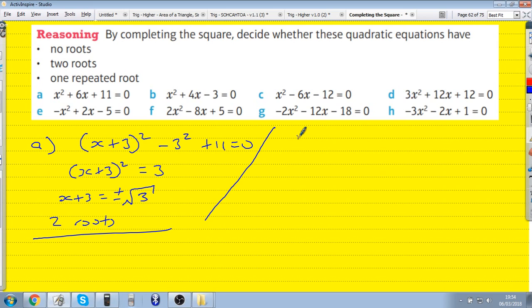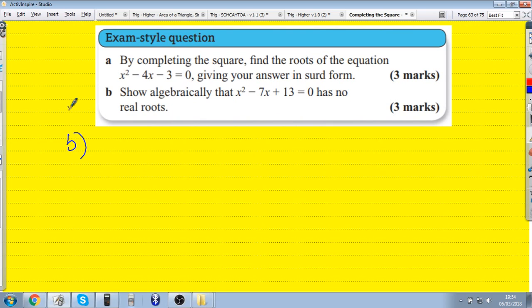Okay, so for B, show algebraically that x² − 7x + 13 = 0 has no real roots. So if we assume it has roots, then you have (x − 3.5)² in a bracket plus 3.5². No. What is a minus times a minus? Plus. And so you will always have to do minus the thing squared. Oh, right, okay.